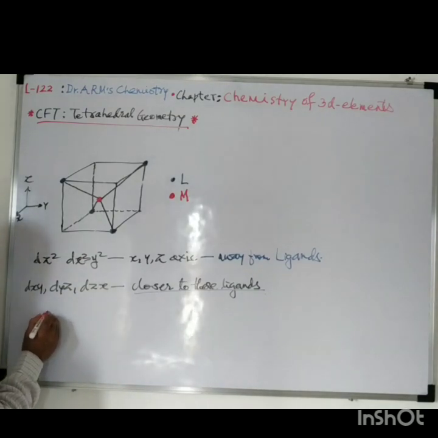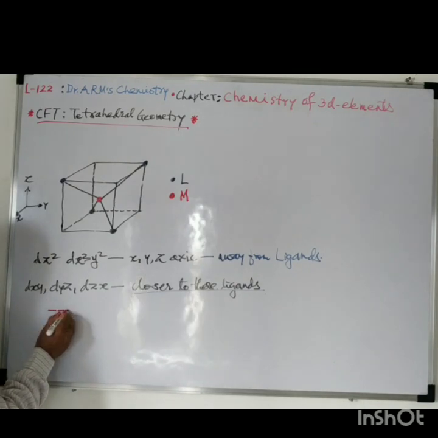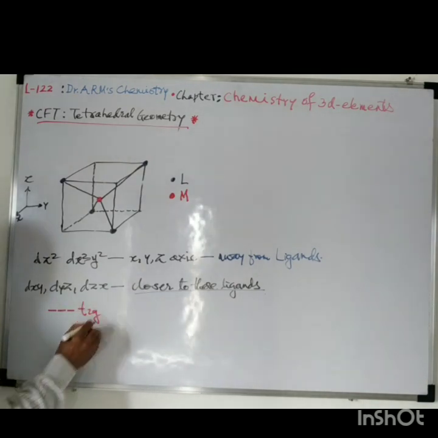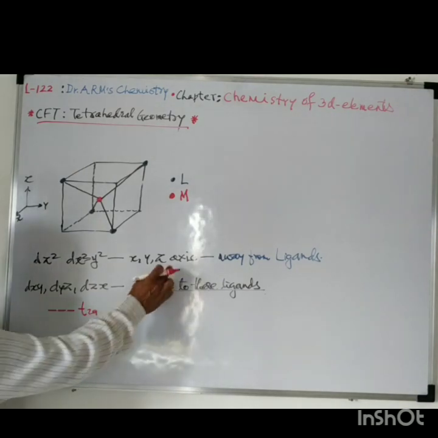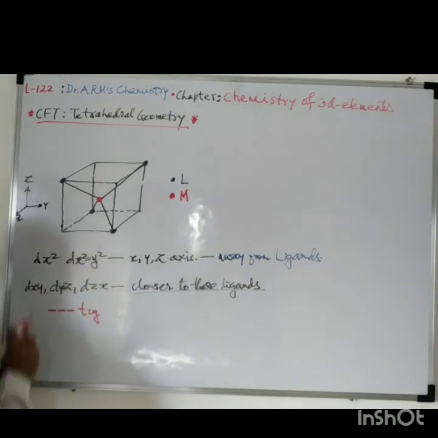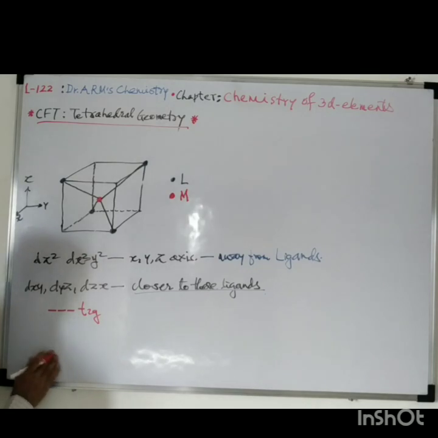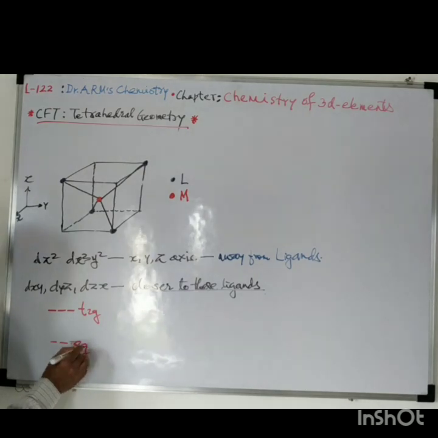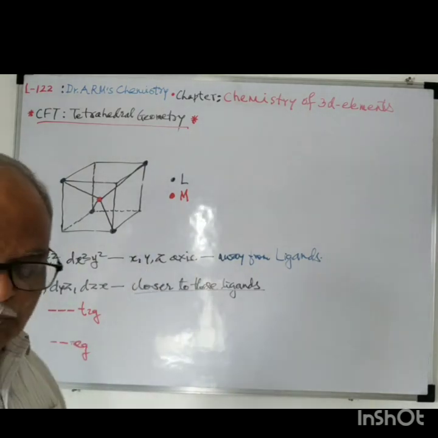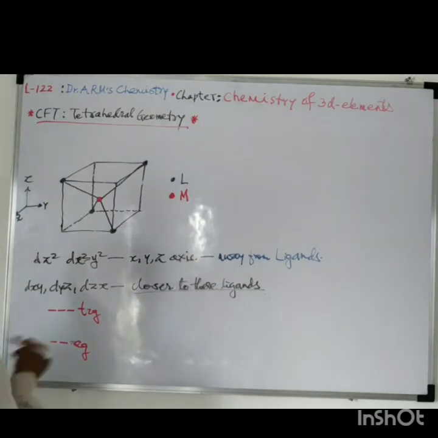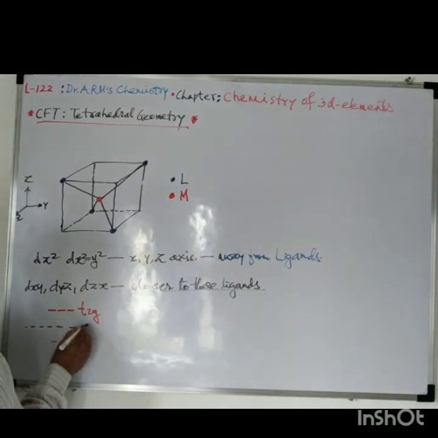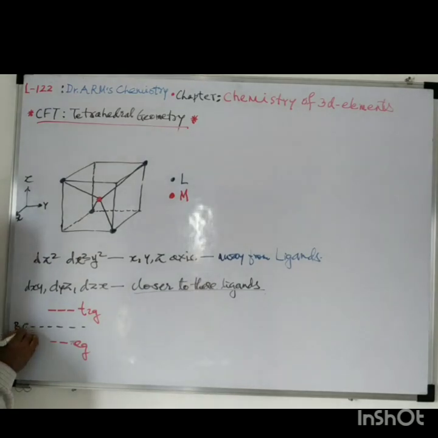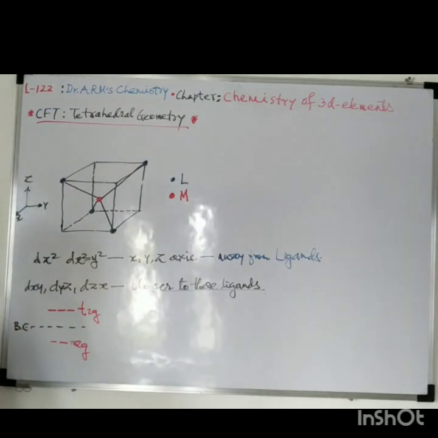So we can show this splitting: the T2g orbitals are lying at a higher level, and the eg orbitals are lying at a relatively much lower energy level, with the barycenter in between.